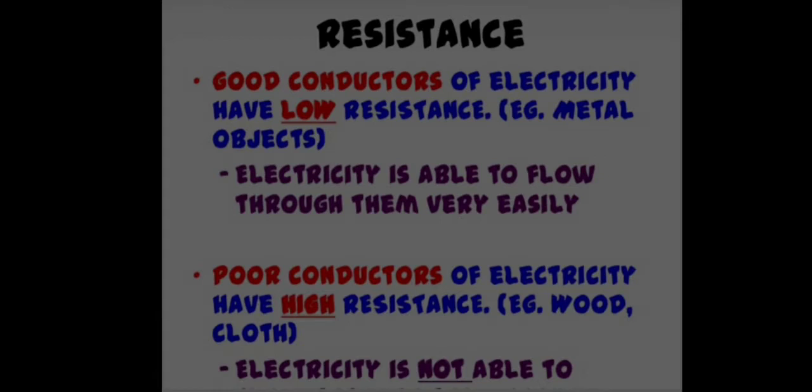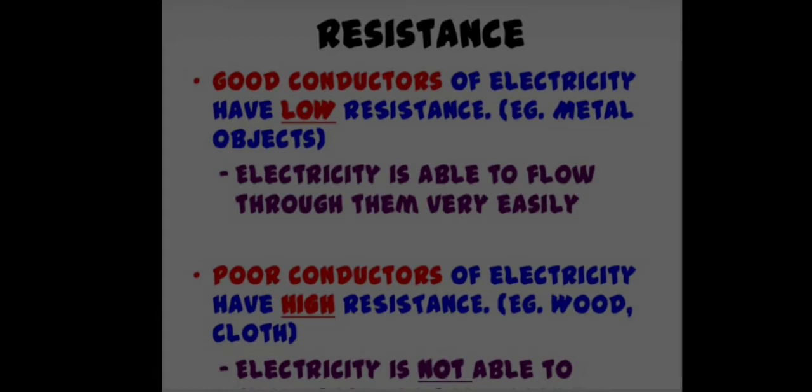So that time we can say this conductor is a good conductor, like copper. Copper is a good conductor. Why? Because there is low resistance. Because of low resistance, more electric current flows through the conductor. So electricity is able to flow through them very easily. That is why it is a good conductor.